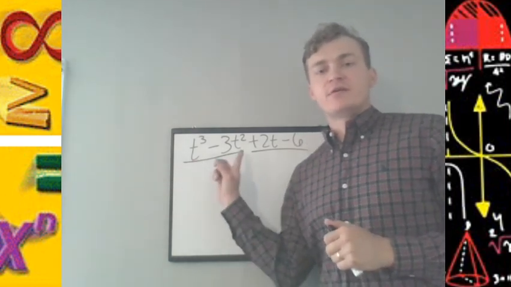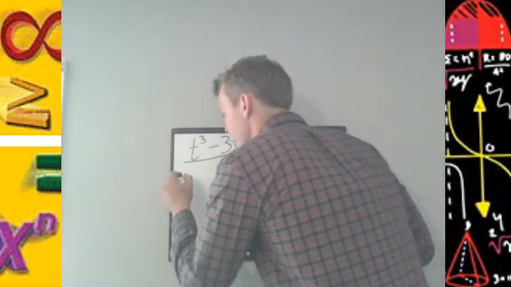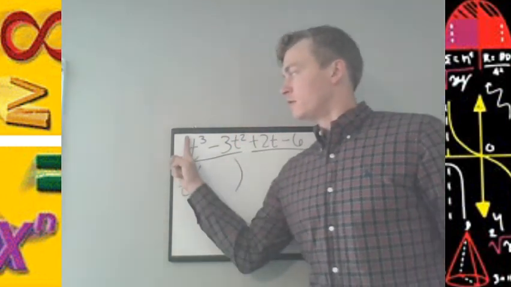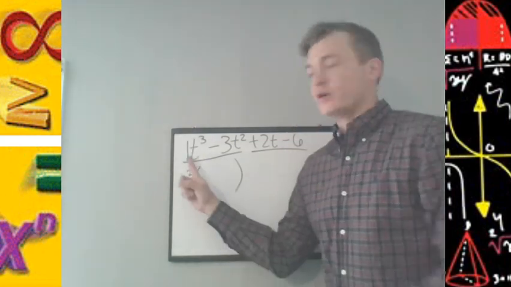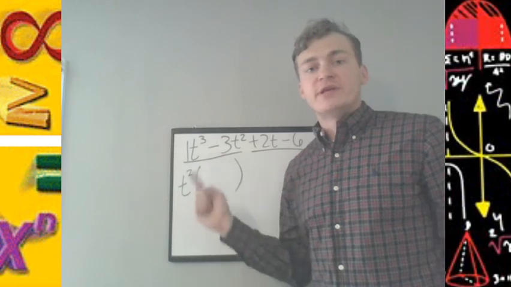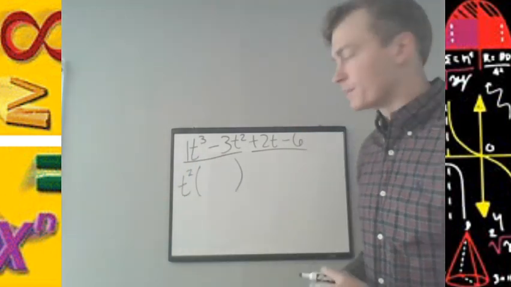There are 3 here, there are 2 here. So we can factor out 2 factors of t. This coefficient is understood to be 1. And if we look at 1 and 3, they're both prime numbers, and the GCF between 1 and 3 is 1. So this is 1t squared, or simply t squared.